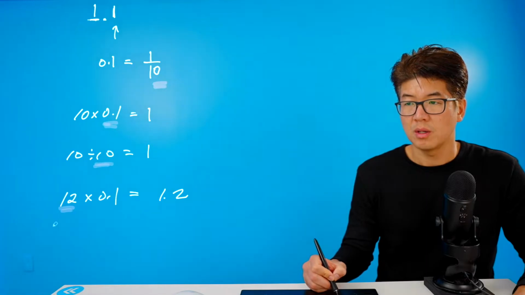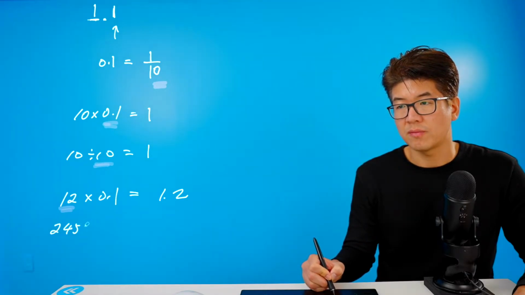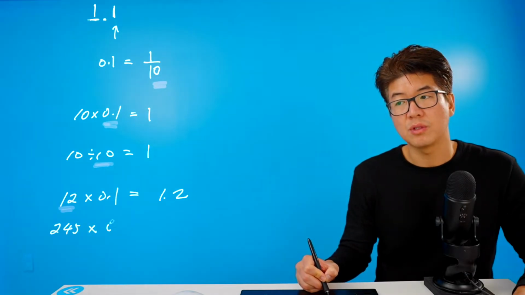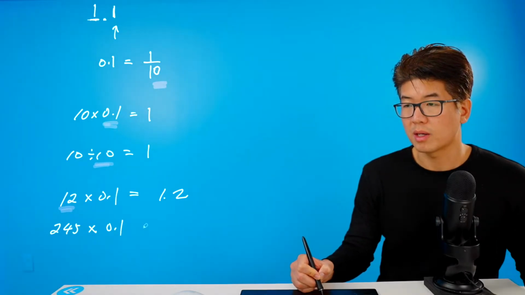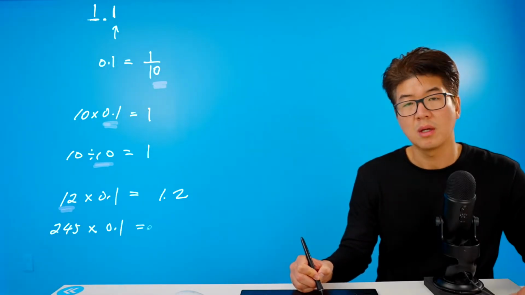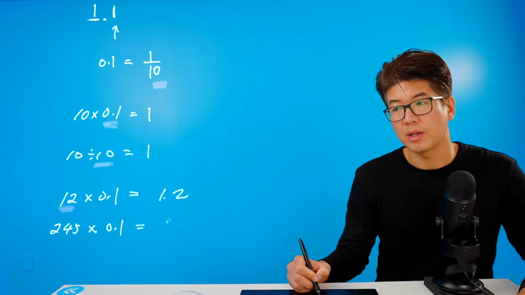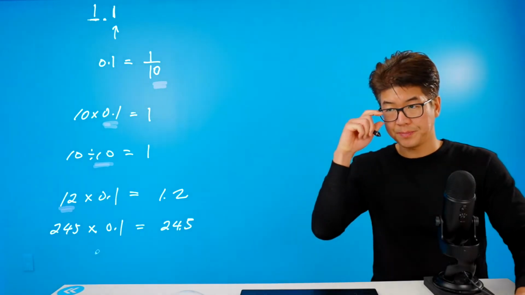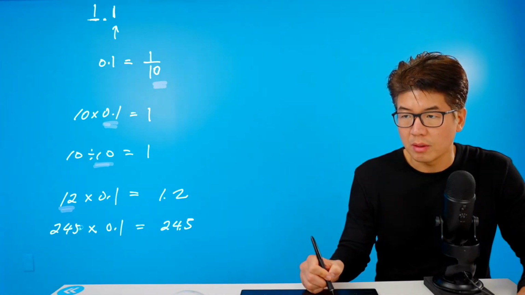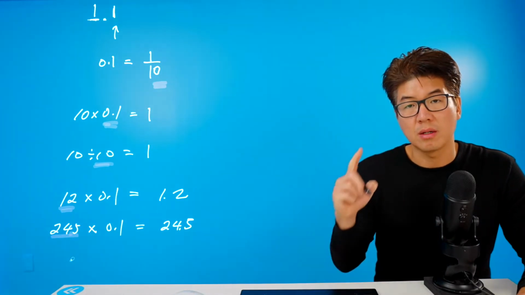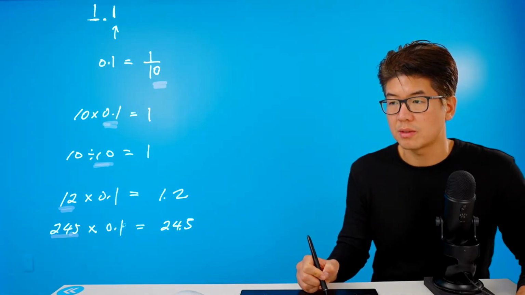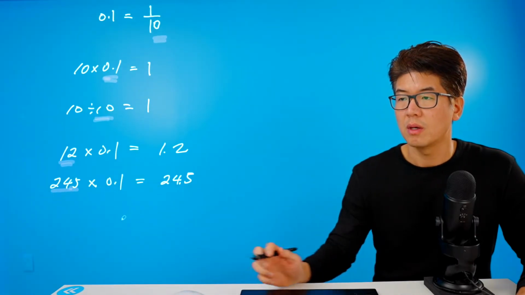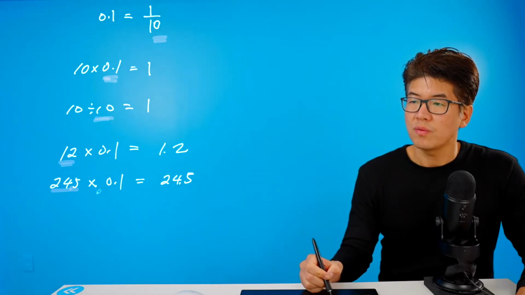So let's say I have 245 of 0.1, that's what it means to multiply. If you have 245 of this, the result is 24.5. Again, this gained a single decimal place. So hopefully that's pretty clear now.